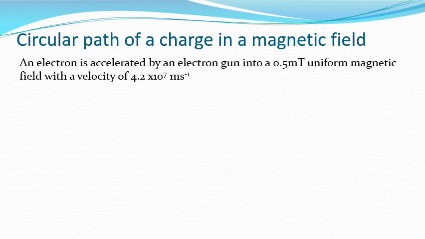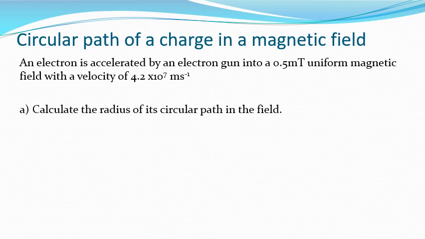So we've got an electron accelerated by an electron gun into a 0.5 millitesla uniform magnetic field, and it has a particular velocity. And we're asked to calculate the radius of the circular path in the field. So the relationship for the radius isn't one that's given to you, so you have to derive it. The question may ask you to show that the radius is this because the charge in the magnetic field follows a circular path.